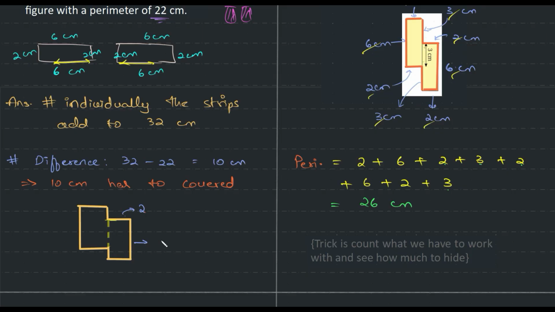This is 2. This is 6. This is 2. This is how much? Since I've covered this to be 5 centimeter inside, the outside length will be, since it needs to add up to 6, this has to be 1. This has to be 1. This has to be 2. This is 2 and this is 6.